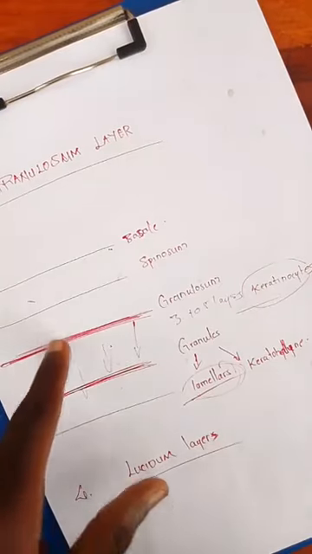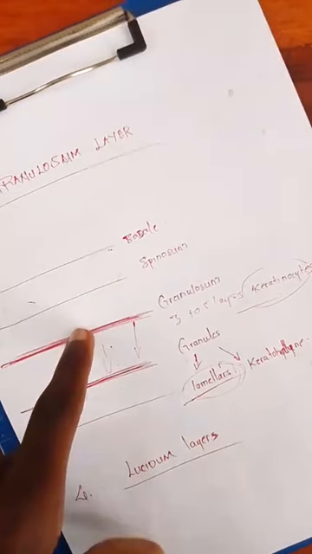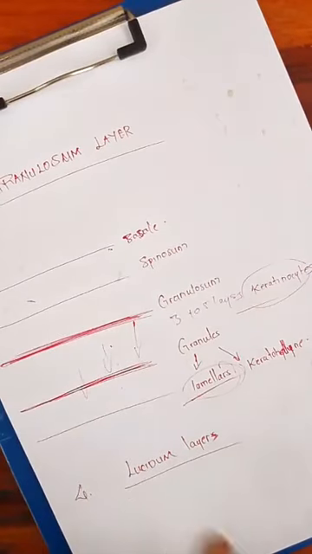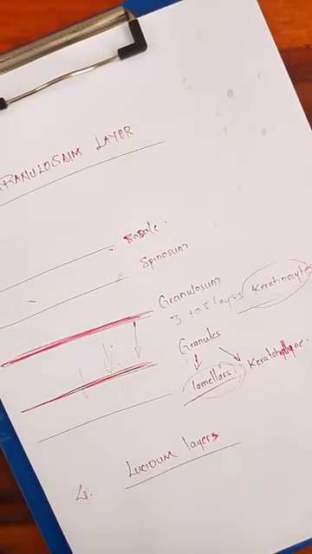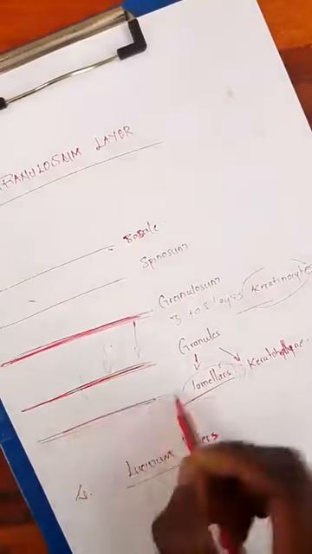So the cells found in this fourth layer of the epidermis are going to be dead keratinocyte cells. Like I mentioned, every layer of the epidermis consists of keratinocytes, but the amount in which they are found in terms of viable cells differs.